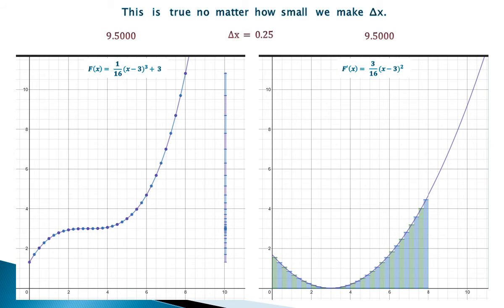For example, here delta x equals 0.25. Delta x equals 0.20. Delta x equals 0.1. And finally, delta x equals 0.01.